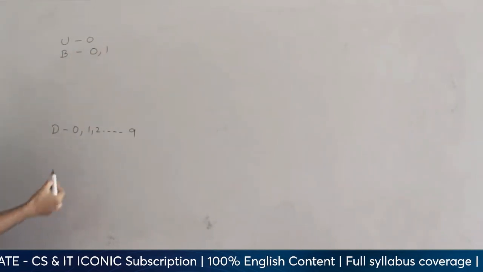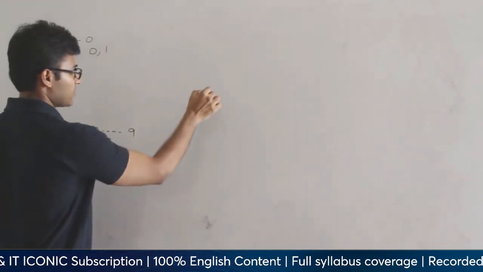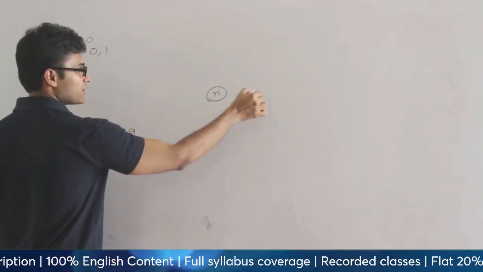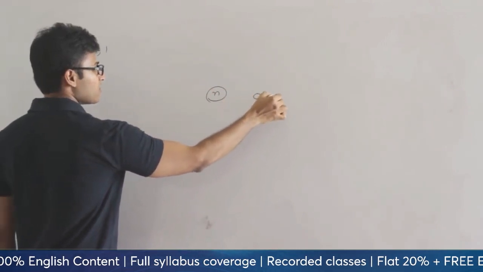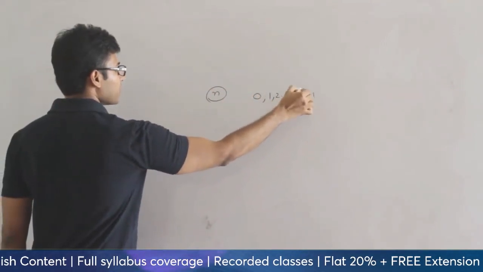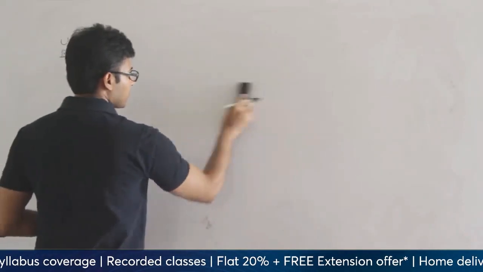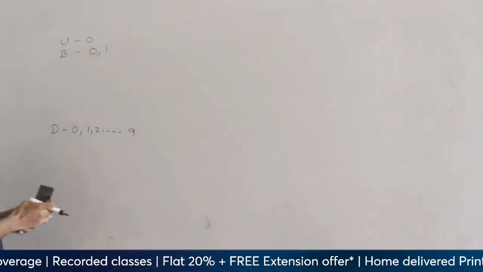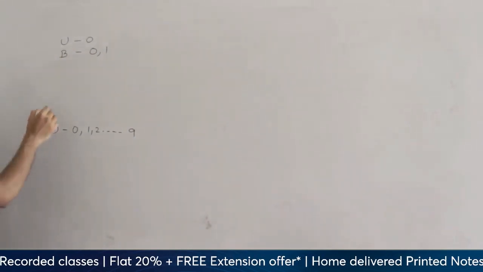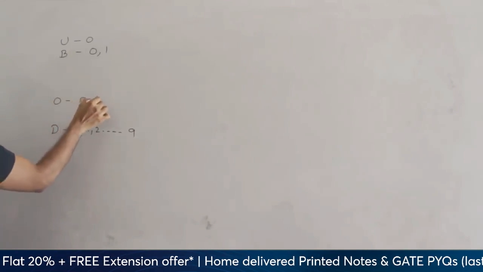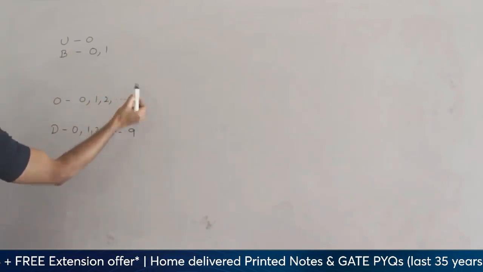So always remember, if the base of a number system is n, we have n symbols in the number system, and all the symbols will be 0, 1, 2, 3, so on to n minus 1, right? In binary, we have 0, 1, and then we have octal number system, in which the base is 8, therefore the symbols are 0, 1, 2, 3, so on to 7.